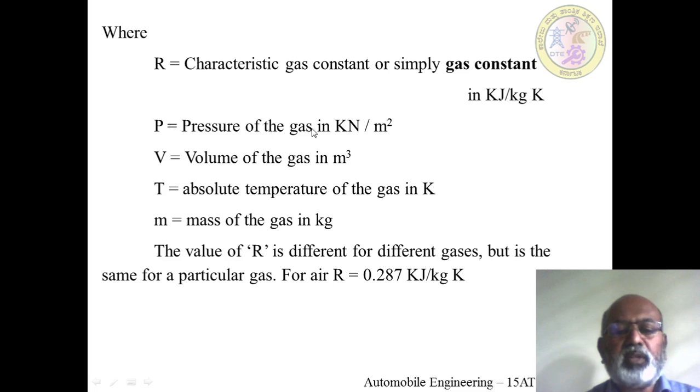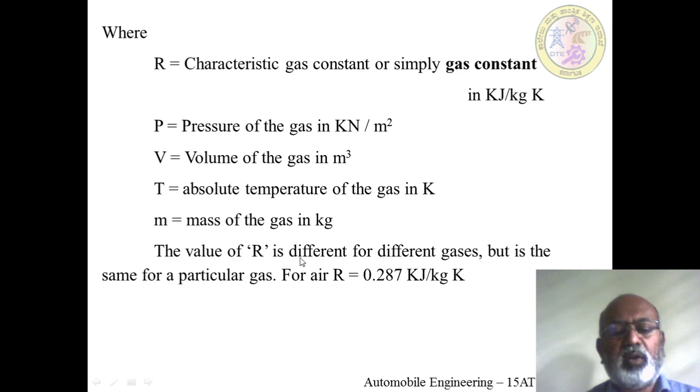P is the pressure of the gas in kilonewtons per meter square. V is the volume of the gas in meter cube. T is the absolute temperature of the gas in Kelvin. m is the mass of the gas in kgs.